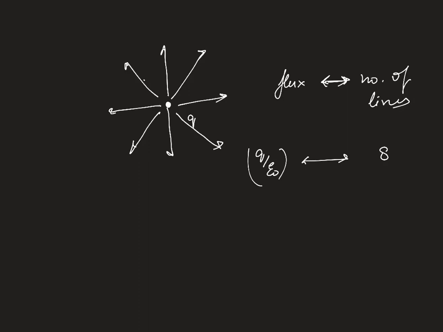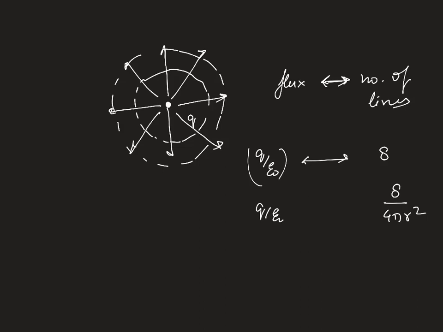As those lines get distributed in space, the number per unit area, or intensity, will become 8 upon 4 pi r squared, and here the intensity of flux will be Q upon epsilon naught upon 4 pi r squared.